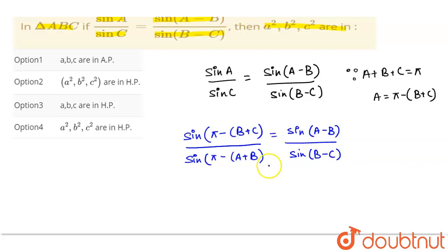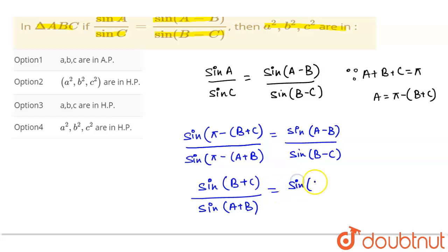Now sin(pi minus theta) is sin theta, so this would become sin(B plus C), and sin(A plus B), is equal to sin(A minus B) upon sin(B minus C).